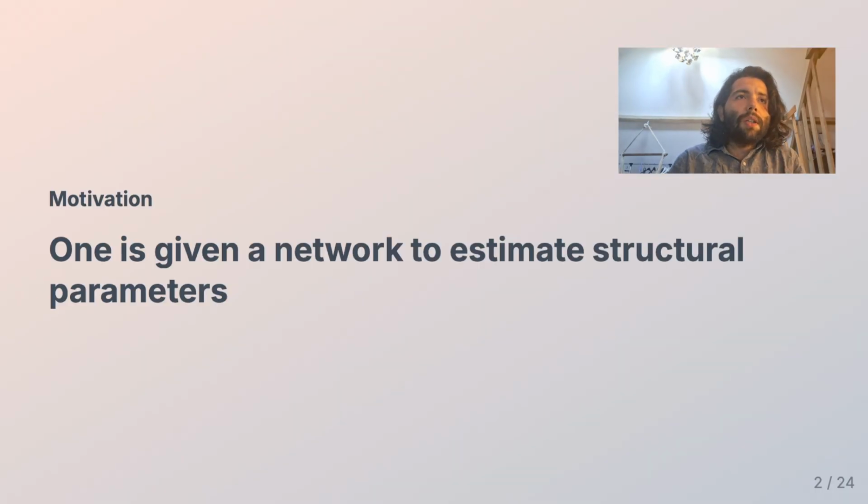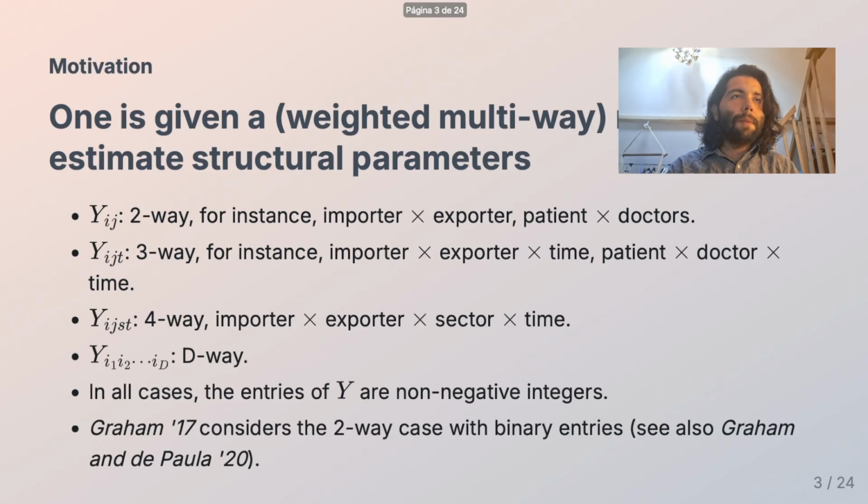So our motivation here is to perform network estimation. We care about estimating a structural parameter in a network. We focus on weighted multi-way networks. So besides only looking at the extensive margin, we also look at the intensive margin, and we consider that the edges of this network can contain non-negative integers.